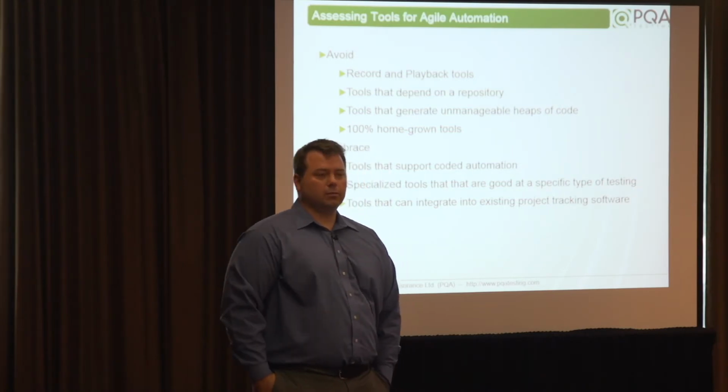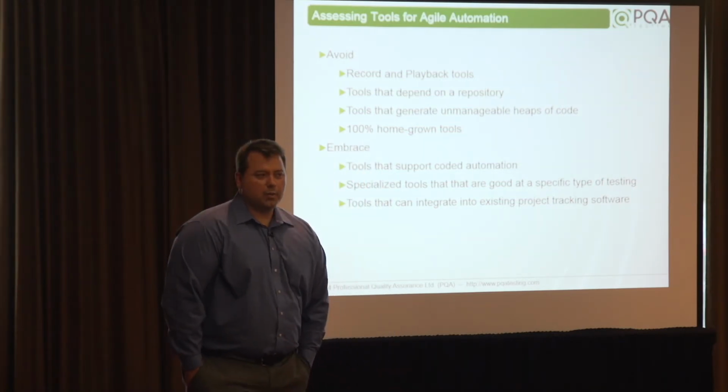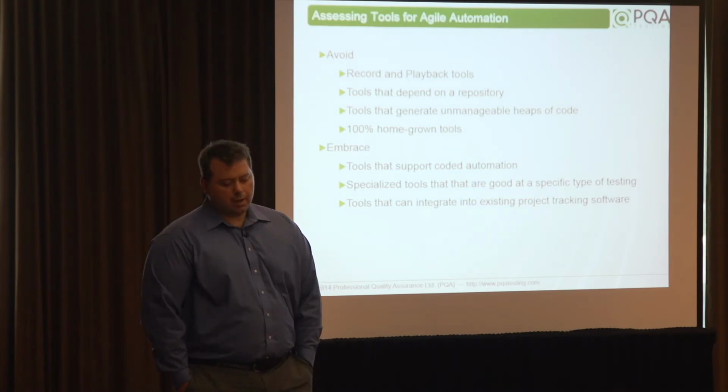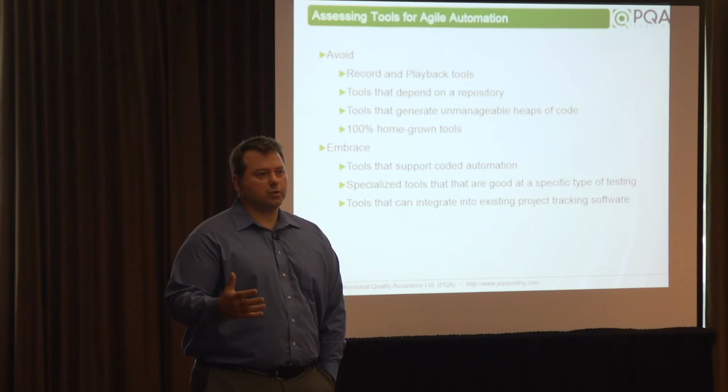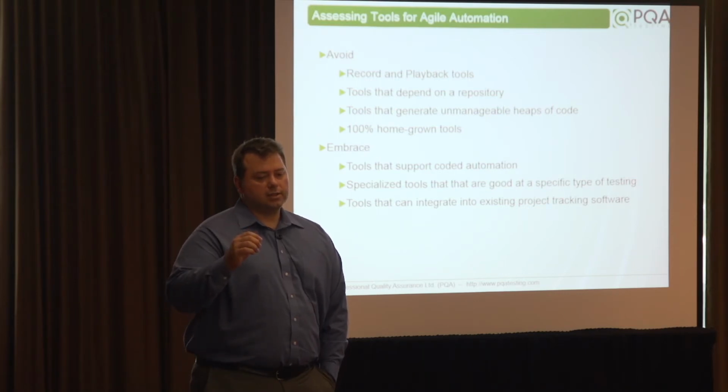Yeah, thank you. With respect to automation software, many of the commercial tools have something that they call a repository. What this is, it's a map of all of the objects within your application.